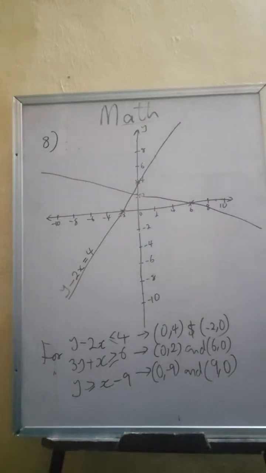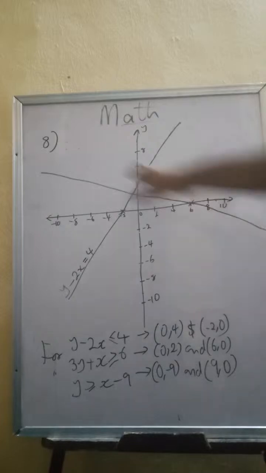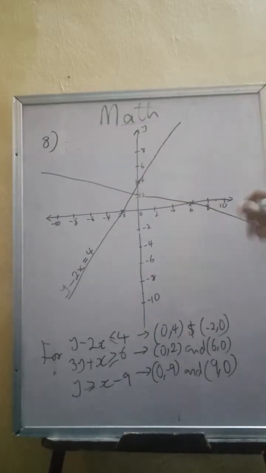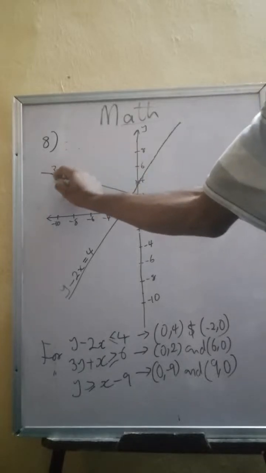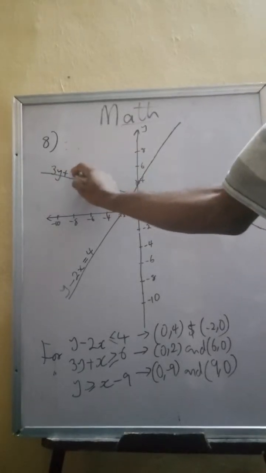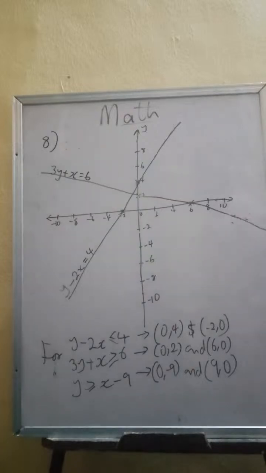So the inequality is given by this line, and this line was gotten from the equation. The equation is 3y plus x. Okay, for the sake of my viewers, I will write it here so that you see it. You have 3y plus x is equal to 6.